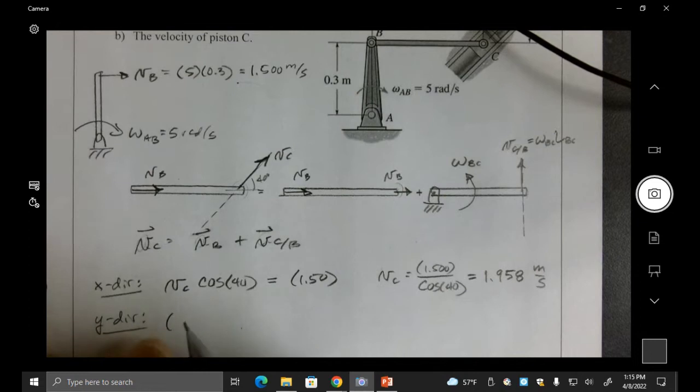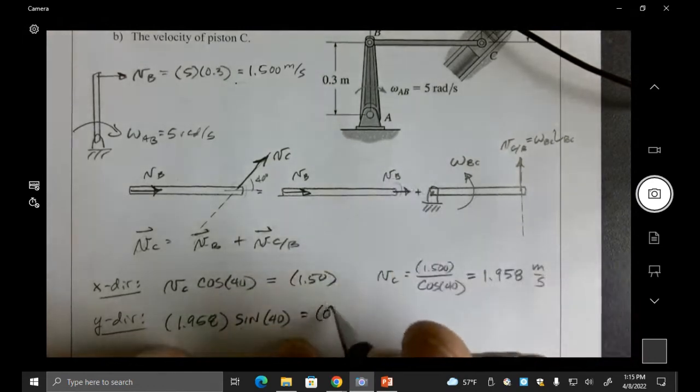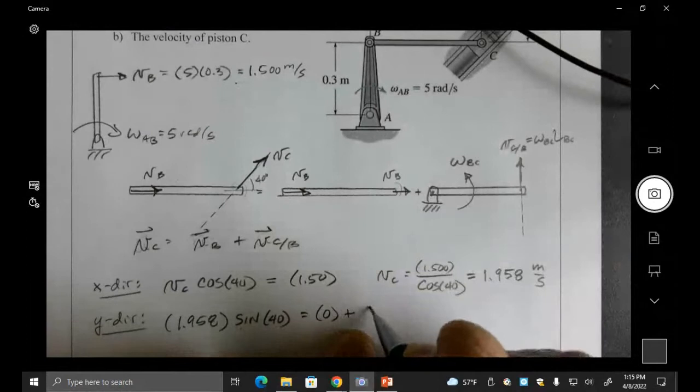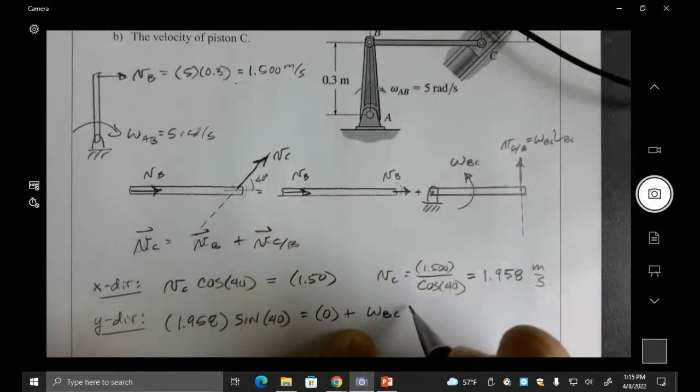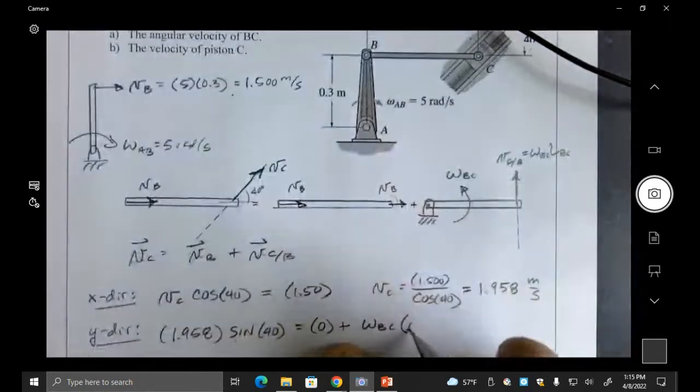So here we can go ahead. I could write out the equation here, but I could just stick the 1.958 right in there. And now it's going to be the sine of 40. It's going to be equal to, okay, there's nothing right here, so I'll put a 0 in there as a placeholder, plus my omega BC times the length, which is 0.5.